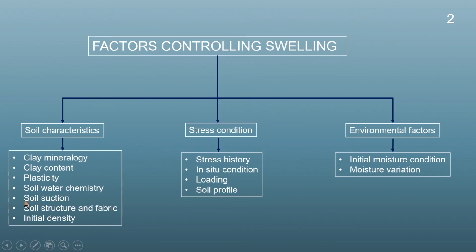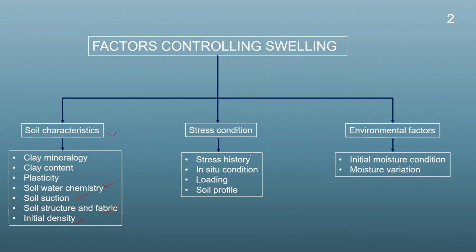The factors which control the swelling behavior can be divided into three groups. The first one is the soil characteristics, then the stress condition, and the environmental factors. Under the soil characteristics, the clay mineralogy, clay content, plasticity, soil water chemistry, soil suction, soil structure and fabrics, and initial density come.